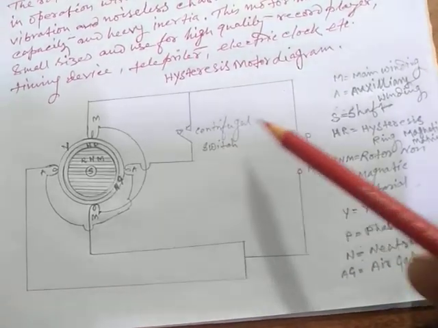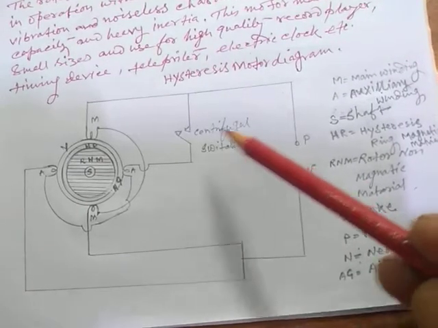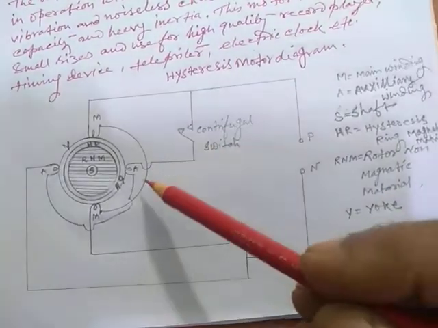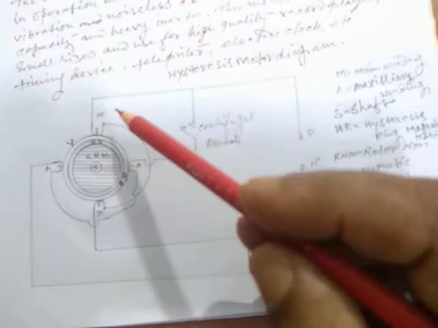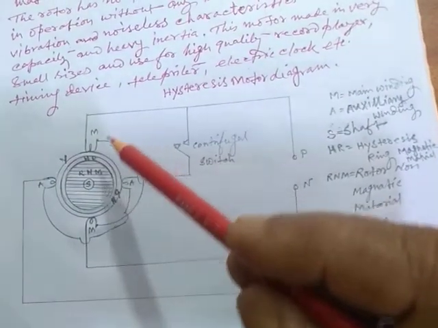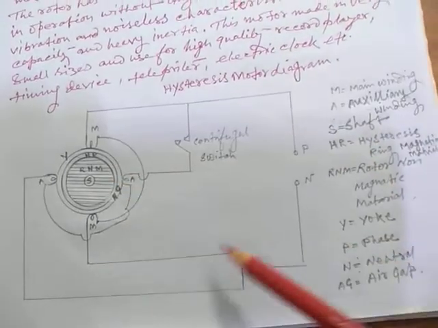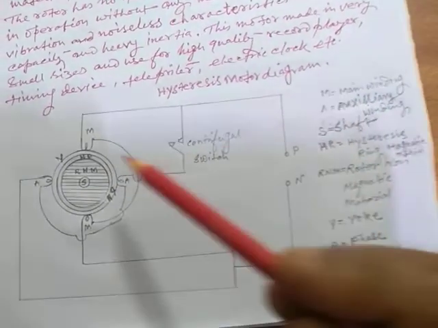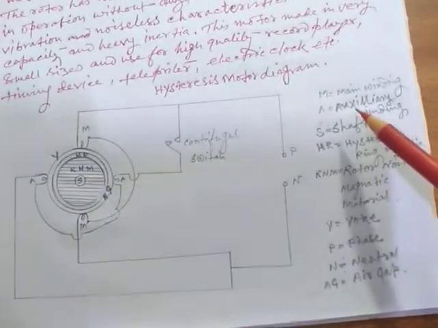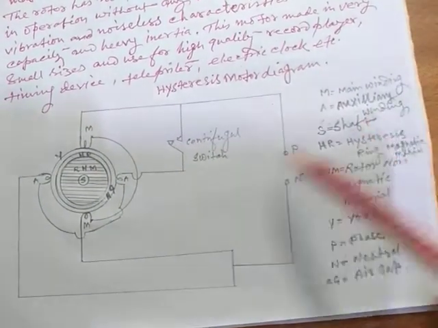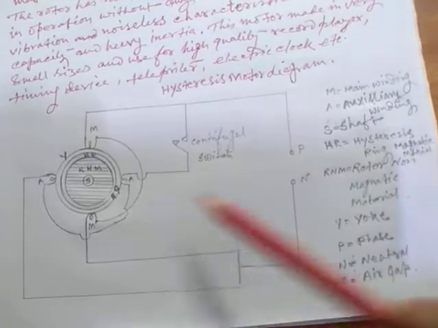When the motor is in motion, the centrifugal switch cuts out the auxiliary coil, and the main winding runs. Totally the motor is connected here, M is equal to main winding and A is equal to auxiliary winding.